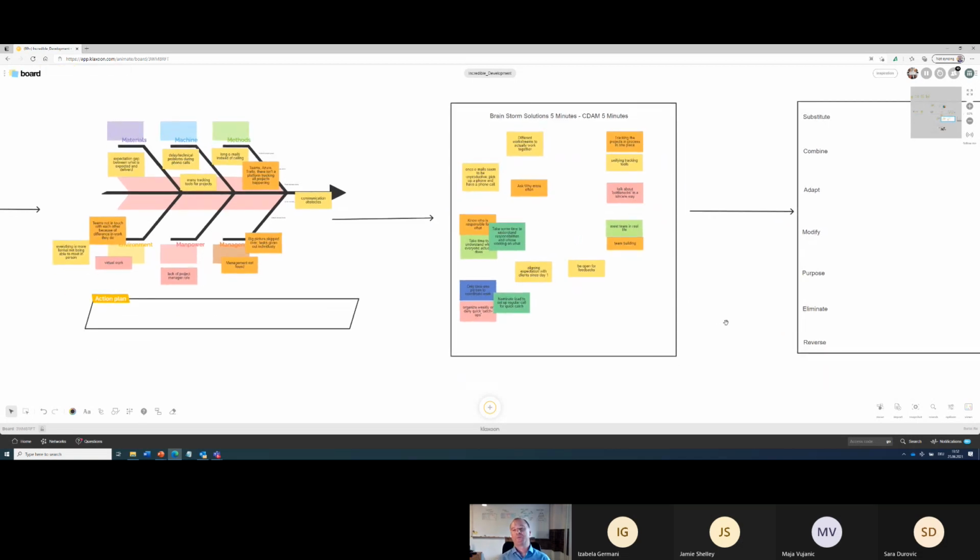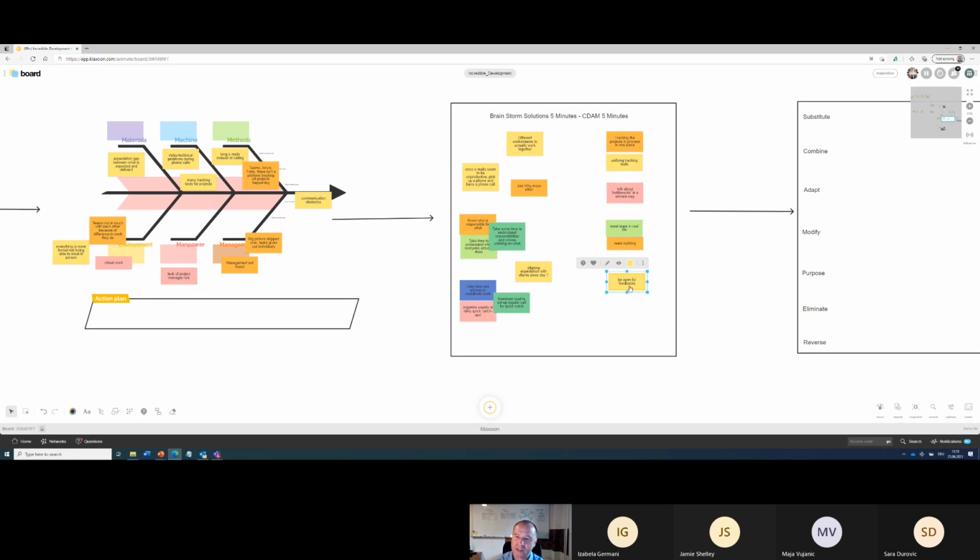So modify is not the same as combine. As you go through the process, and if we have many different ideas, we may want to modify them. So let's take this one, be open for feedback. That's a good statement, but it's not necessarily a solution. How might we modify that to be a tangible solution? Thoughts?